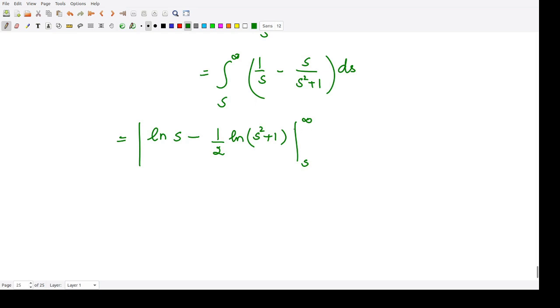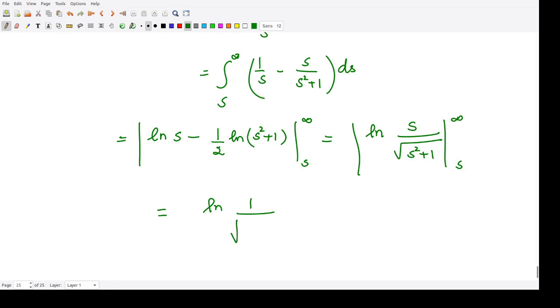So what would be the final answer? When you club these terms, we would have log of s divided by square root of s square plus 1, and before substituting the limit infinity here, you have to divide by s. So when you divide by s, you would have log of 1 divided by square root of 1 plus 1 by s square. Now you could substitute the limits.